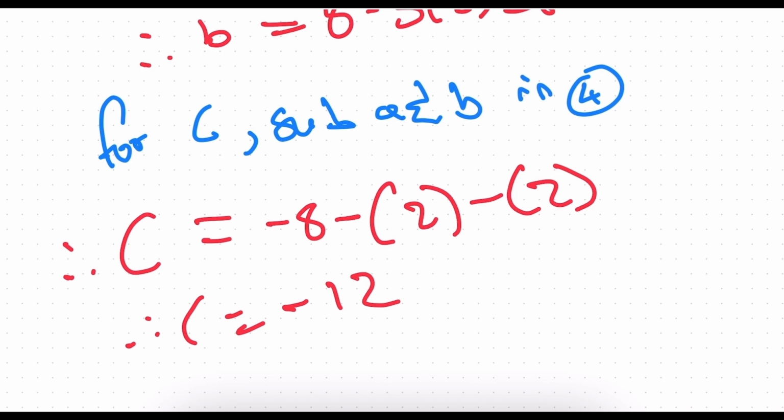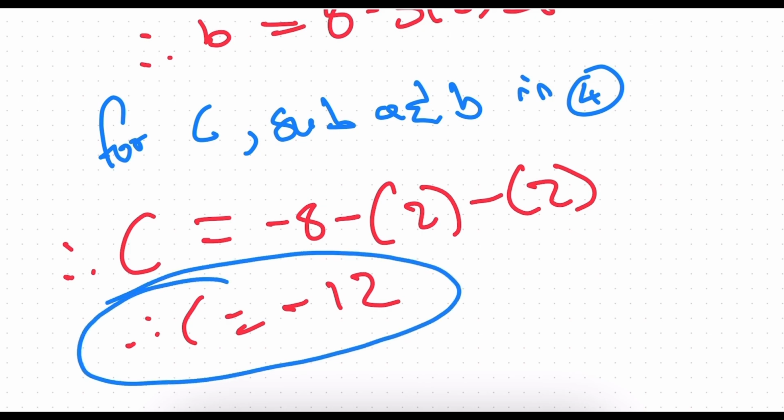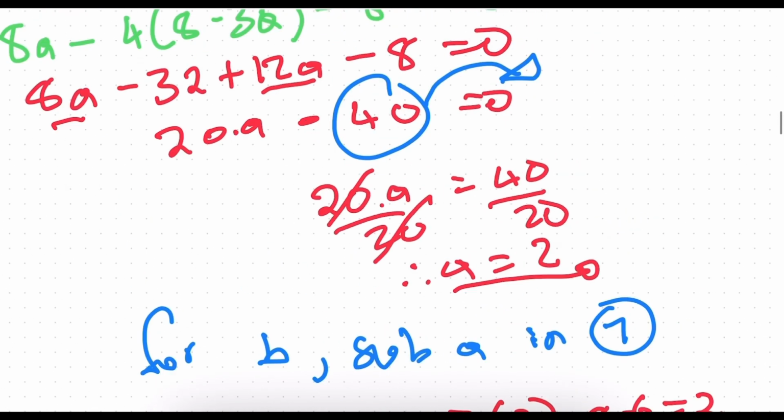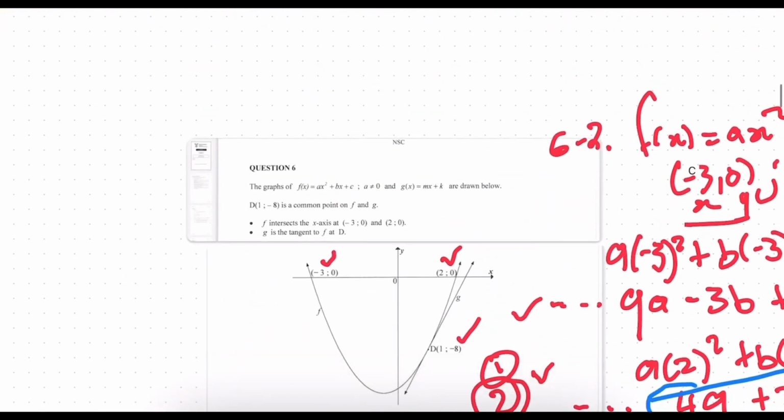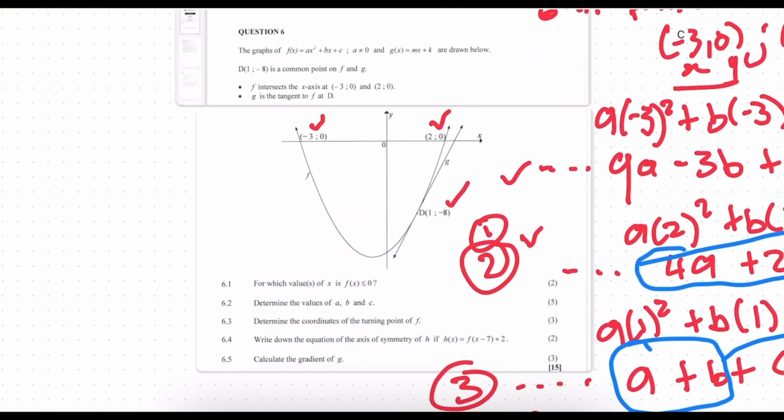Okay, let's confirm if this value of C makes sense, because C is our y-intercept, right? It's minus 12. Let's confirm if it makes sense. We see that our graph touches the y-axis at a point here, but we have a point D, which is minus 8 here.